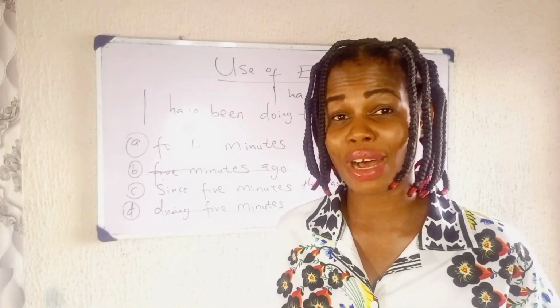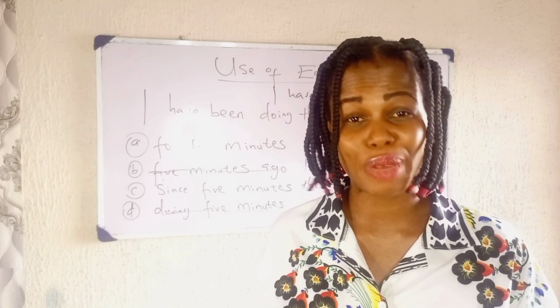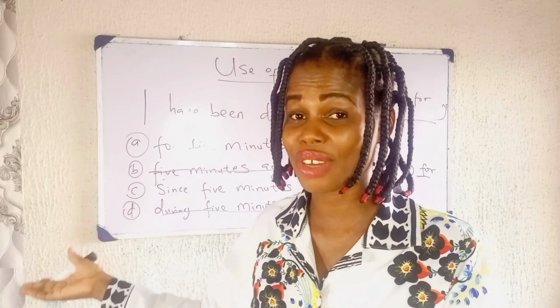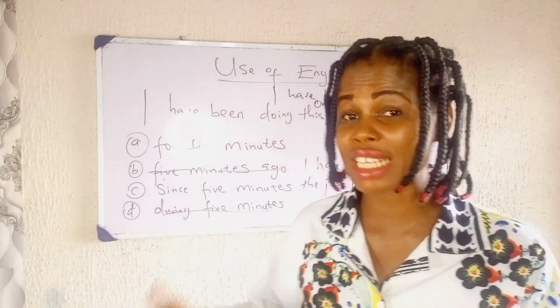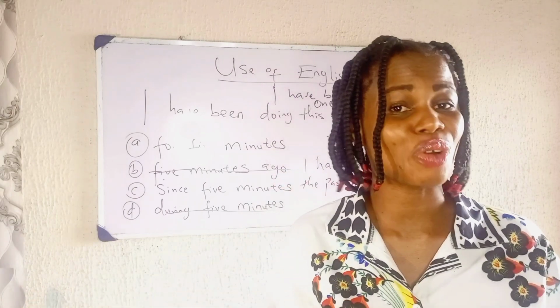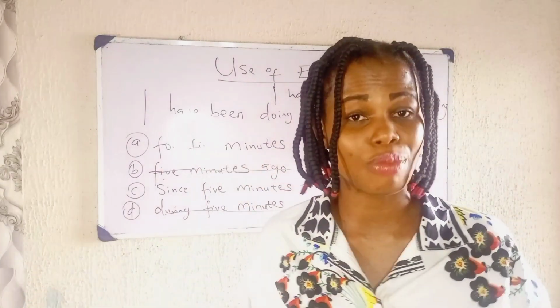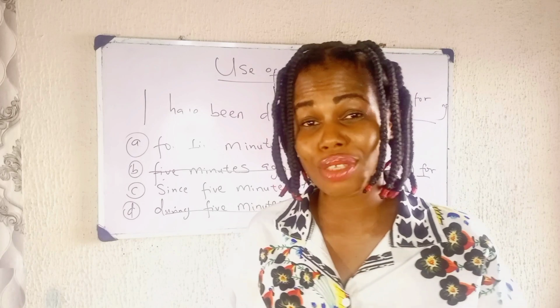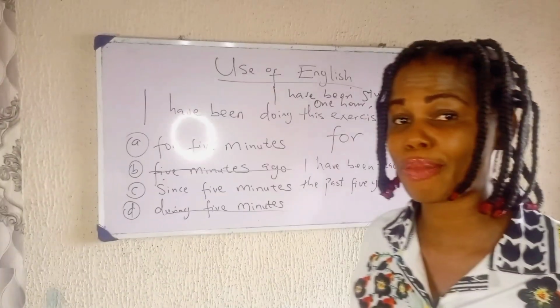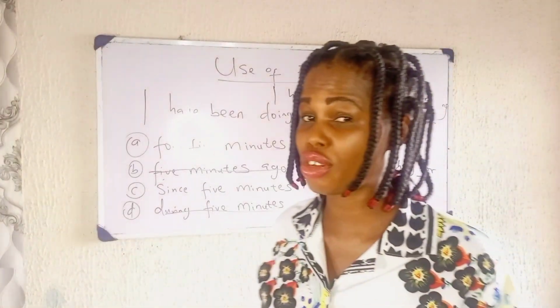I've been talking for the past 2 minutes, the amount of time I've spent talking. I'll be studying the English language for the next 4 years, the amount of time I'll spend studying the English language. So for is used in talking about the amount of time you spend on something.